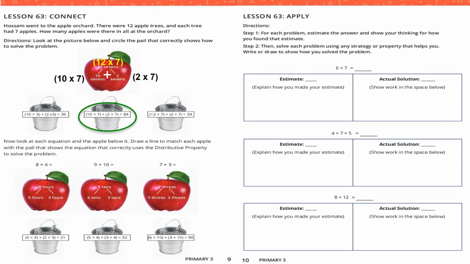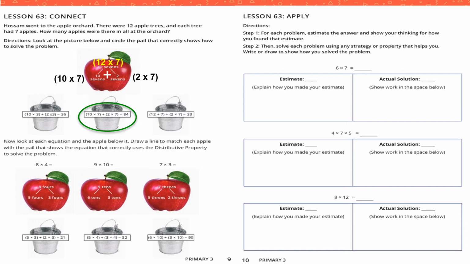I have here the equation above the first apple, 8 times 4. It means 8 fours. Here he distributed 8 fours into 5 fours and 3 fours. 5 fours means what? 5 times 4. 3 fours means what? 3 times 4.